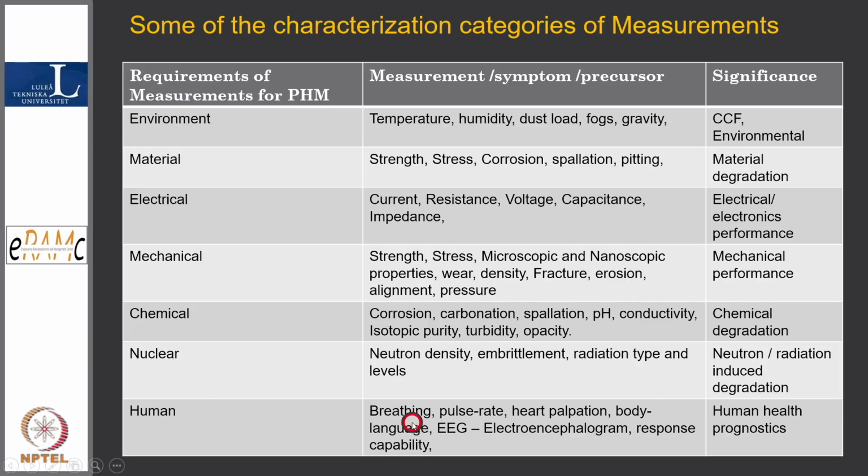This is one of the takeaways from this lecture, that human, in open domain you will find, though it may not be fully correct, that 50% to 90% of accidents happen because of human. And if we exclude human from any walk of life, then probably the treatment is not complete.